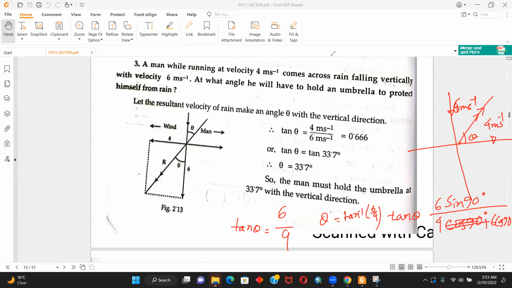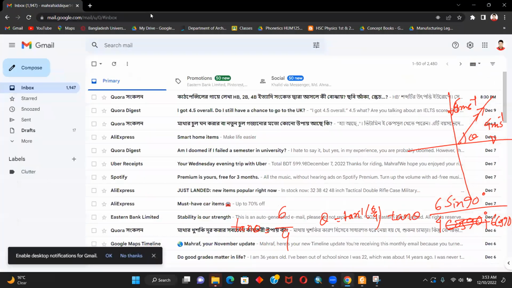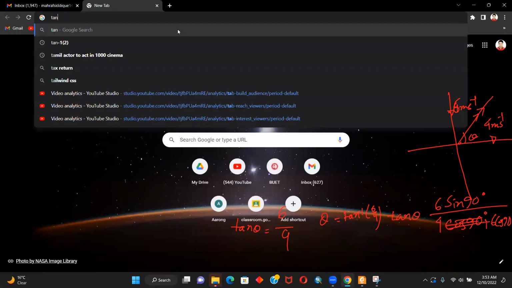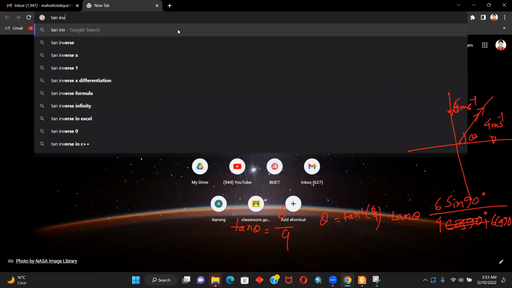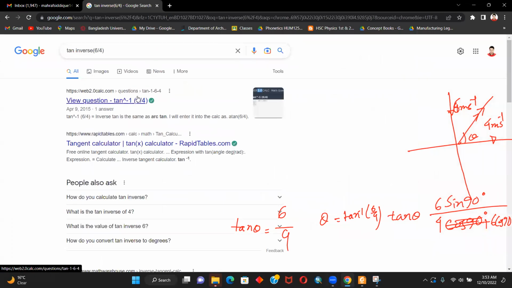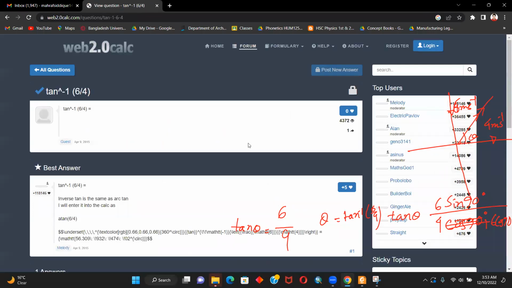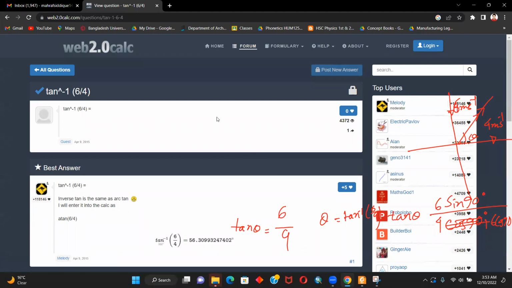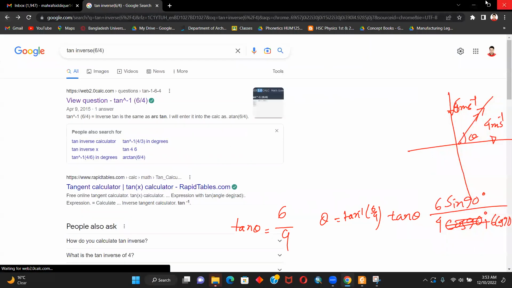Tan inverse of 6 upon 4 is 0.98 degrees. What? Oh, tan theta. Tan inverse of 6 upon 4 is 0.98 degrees. I'm telling you. Okay, let me check. Tan inverse 6 upon 4. They have written... Okay, let me.